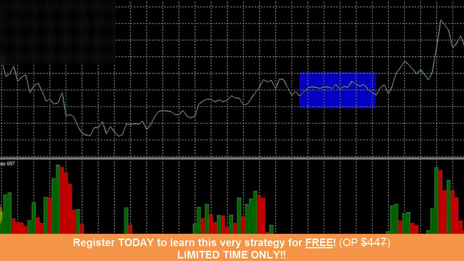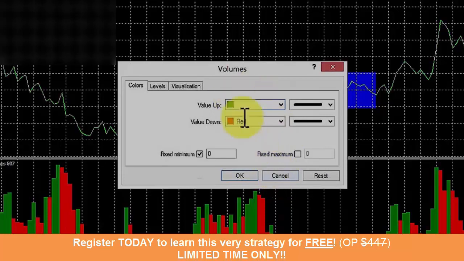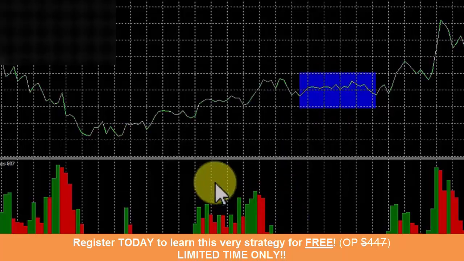To do this, you go to your toolbar, go to indicators, go down to volume, open up volume and drag it here, and you can choose all these parameters. You can make it big, fat, thin, whatever. Basically high means high, low means low volume.